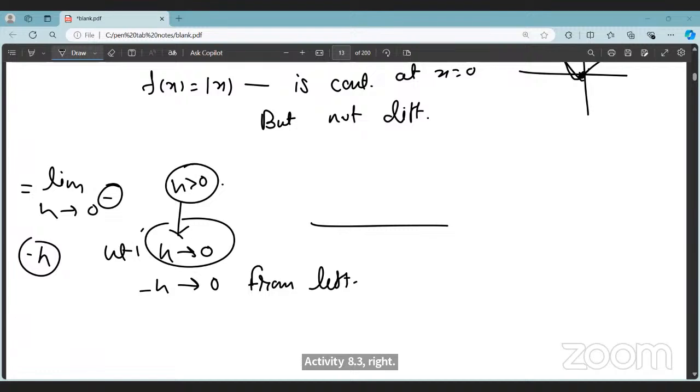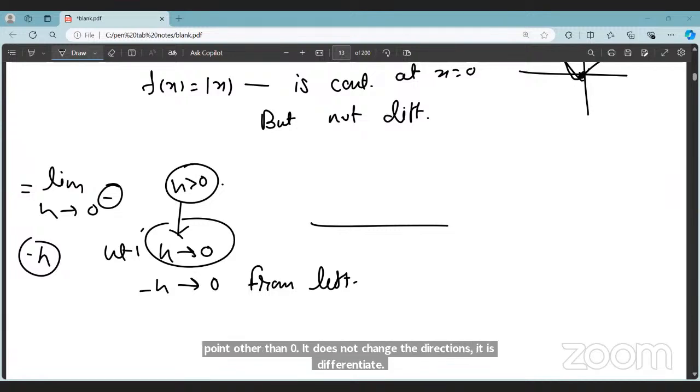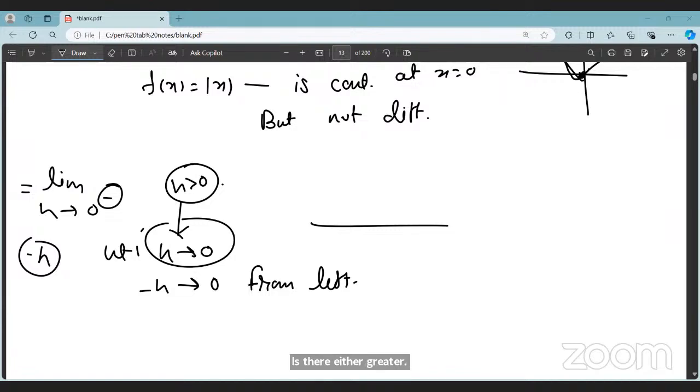Activity 8.3, right? At any point other than 0, it does not change direction, so it is differentiable. But it's asking for x greater than or equal to 0. If it's not differentiable at any point of R, either the greater than or the equal to condition can be true. If the greater than condition is true, then it will be okay.